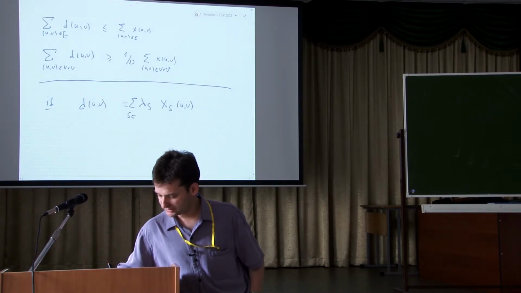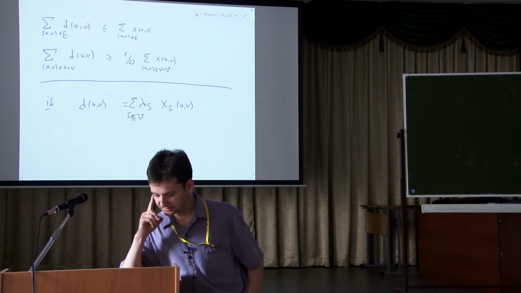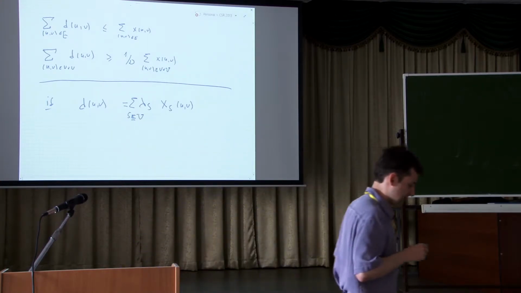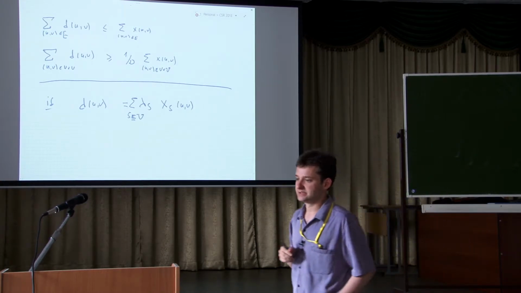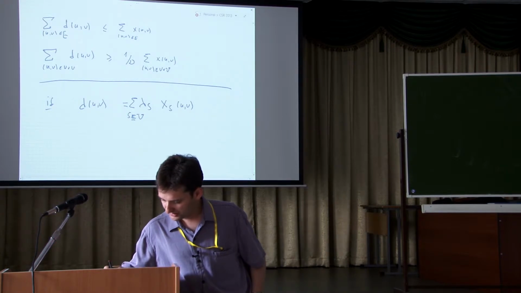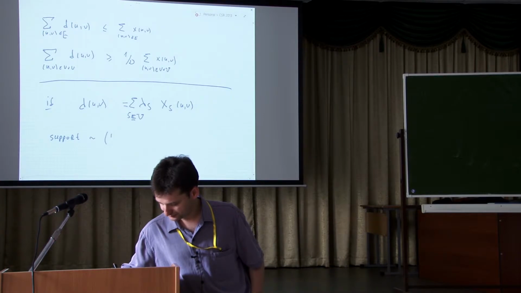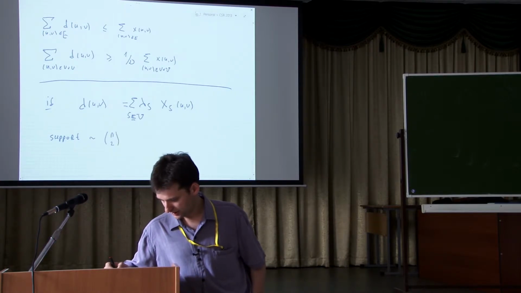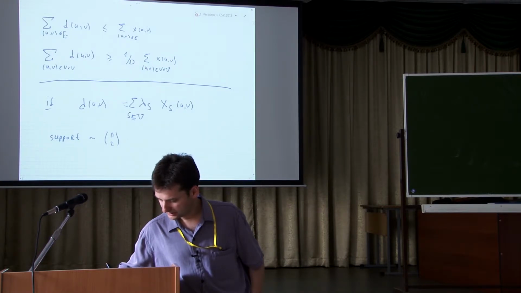How large can this support be? It is actually a not so hard exercise to see that the support of this distribution we can always make to be n choose 2, maybe plus 1.